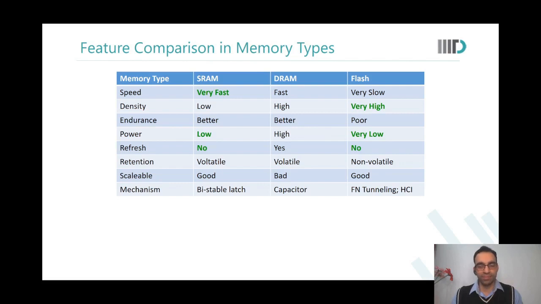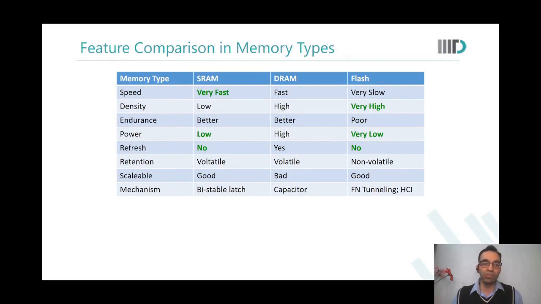And one more thing, can you please reiterate why do we need to refresh? Because in DRAMs, you're storing data on a capacitor. It's like a dynamic gate. So why did you need to use a keeper there? Because that data would leak. Some charge sharing can happen, some mishap can happen due to which that data can be lost. So you put a keeper in a dynamic gate. Now for a DRAM, if you start to put keepers in every cell, then you will become a 2T 1C cell.